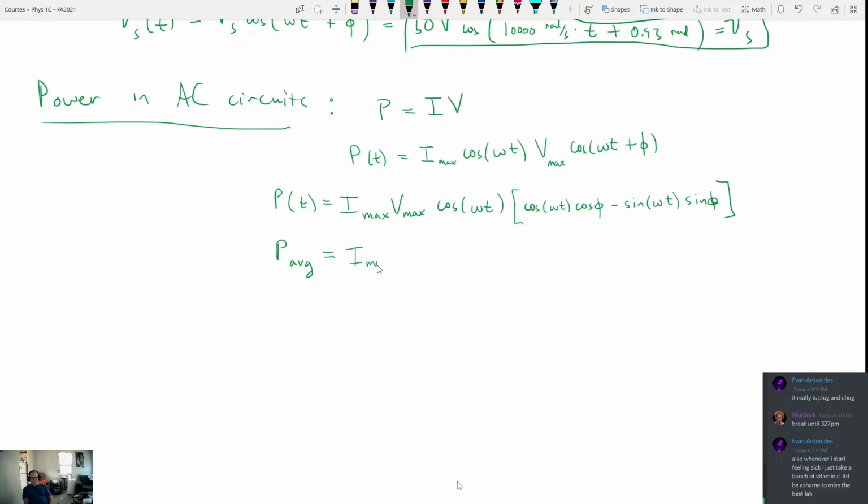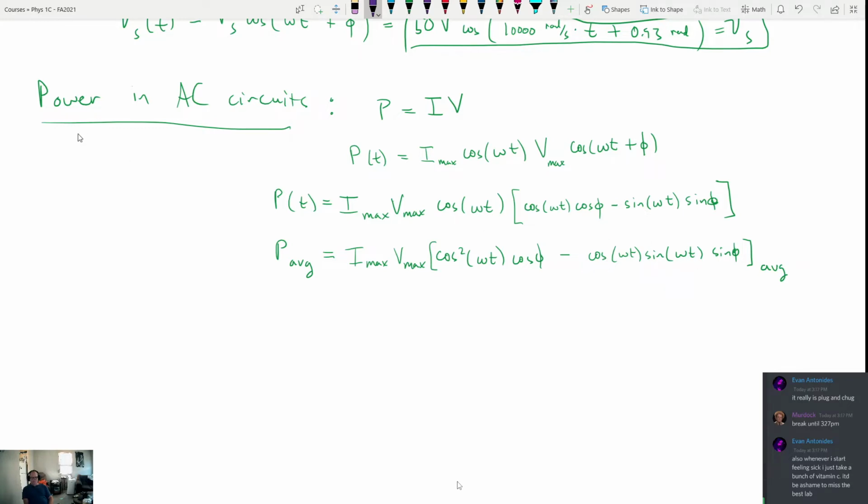There's this one, which has a cosine squared in it, and there's the other one that has a cosine of omega t sine of omega t times the sine of phi. What we need to do is find the average value of these functions, which basically means that we have to time average them, so we integrate over one period and then divide by the period again.